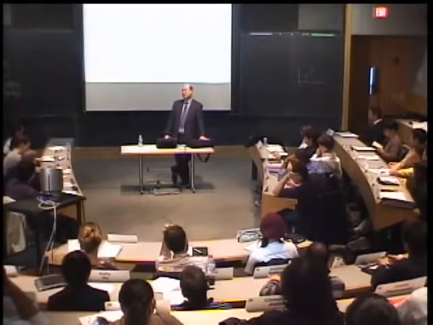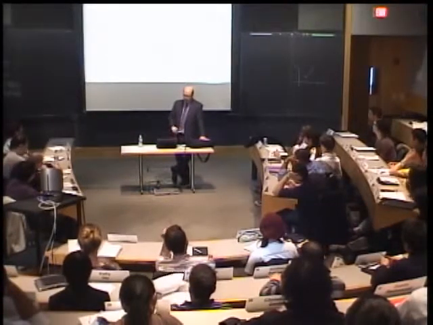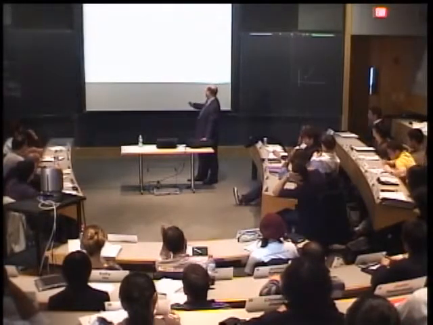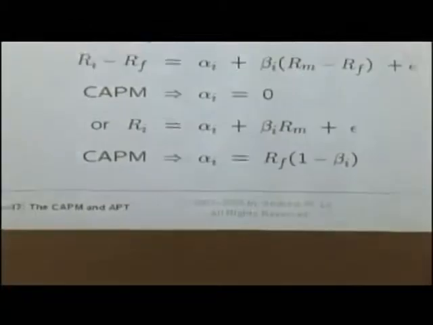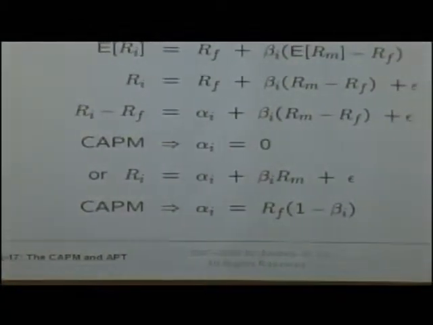That's what the CAPM says. And if you want to formulate it strictly in terms of total rates of return, it says that the alpha has to be equal to the risk-free rate times 1 minus beta. So this is a different alpha than this alpha. This alpha represents the excess rate of return, right?